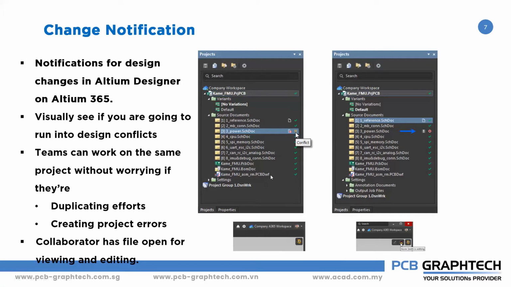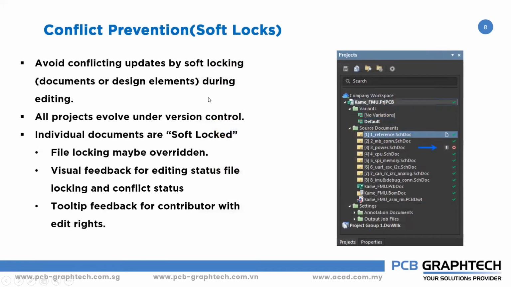Okay, so next one, conflict prevention. When 2 persons are working on the same project, the first user who is editing the project will have this soft lock. You can see the arrow mark, the soft lock will be there. So it keeps the person protected with the soft lock while he edits the project.